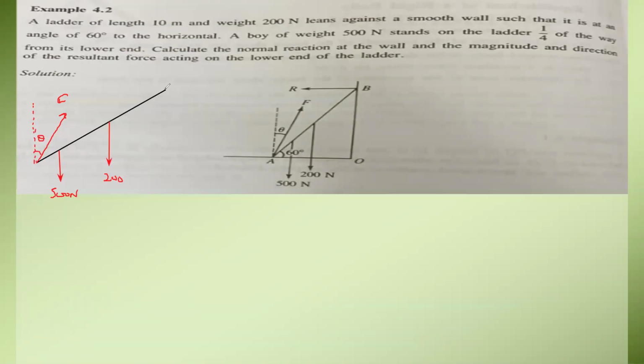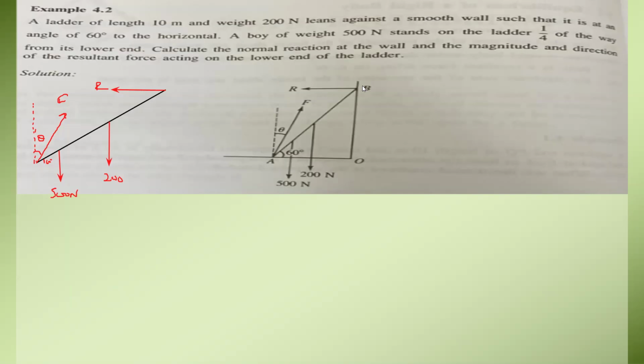And because the ladder is in contact with the wall, the wall is also exerting a reaction force. This is the reaction force of the wall, and we call that R. Here the angle theta is given, which is 60. Remember, we resolve whenever weight is acting on an inclined surface.